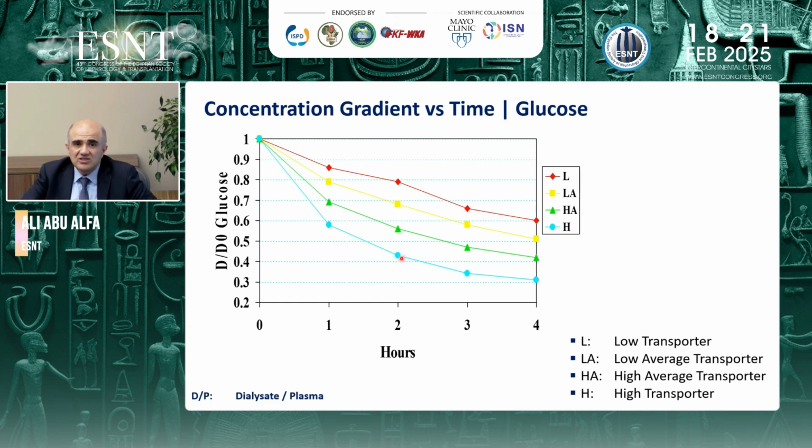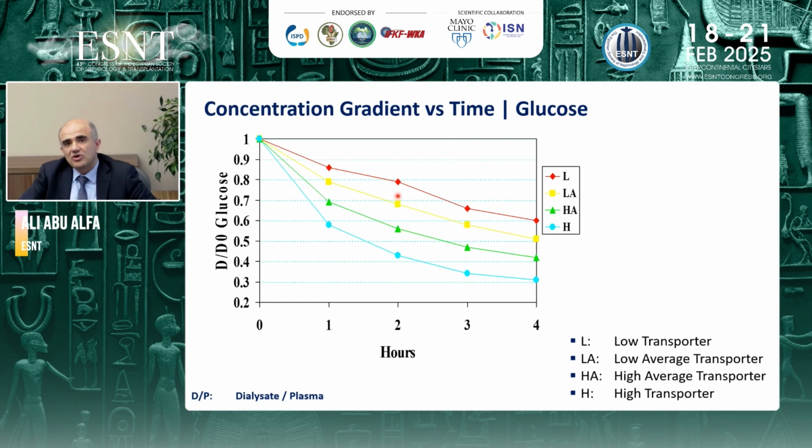Almost 60% of the glucose has been reabsorbed by 2 hours. This is not great because you're losing your power for ultrafiltration and you're gaining calories. While a low transporter will have only 20% of that glucose absorbed.